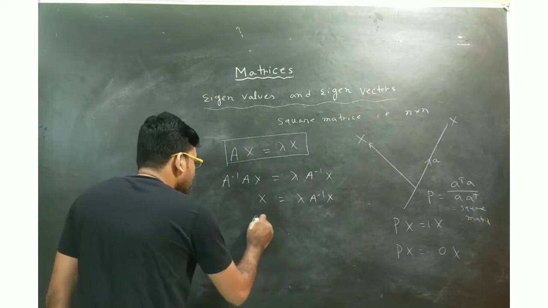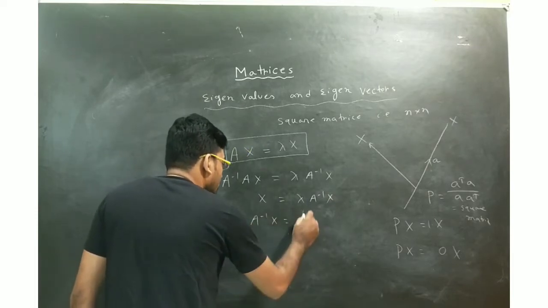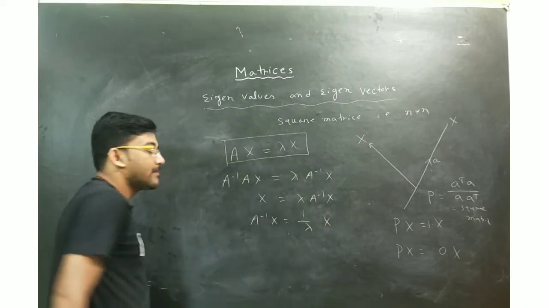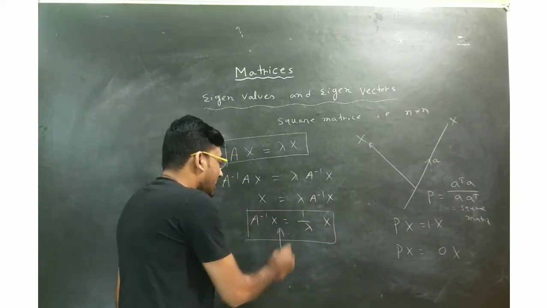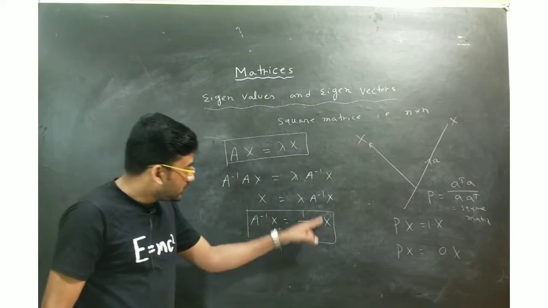So your A inverse x will be 1 upon lambda times x. So now you can find from here that this x is the eigenvector of A inverse also with eigenvalue 1 by lambda.